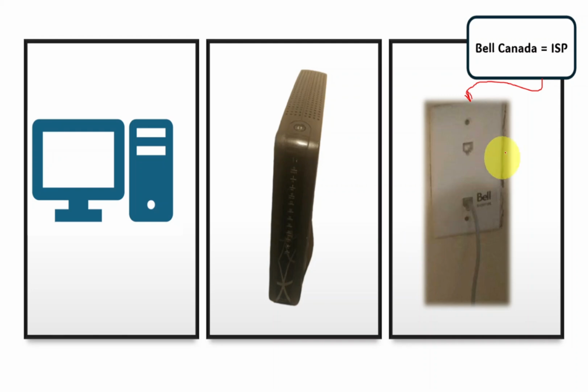Now this one comes from outside into your apartment building, in the basement. It comes into your apartment, inside here. You see this cable, it goes right here. And then another cable goes right here to your computer. That's how it goes.